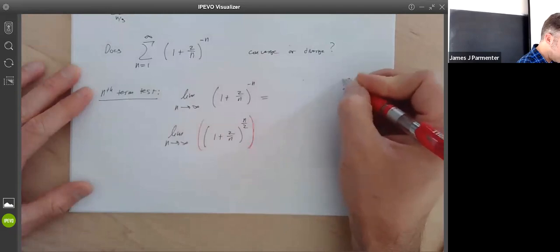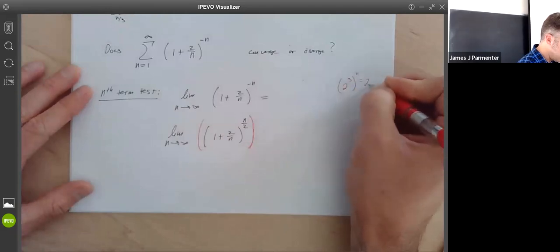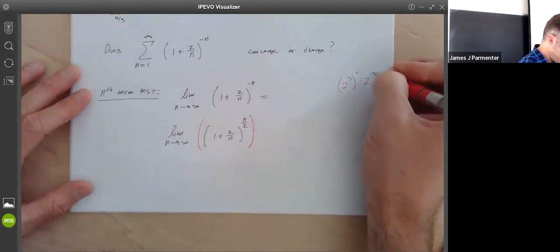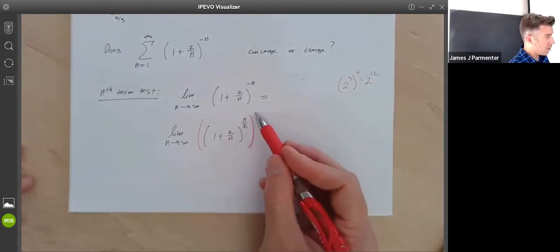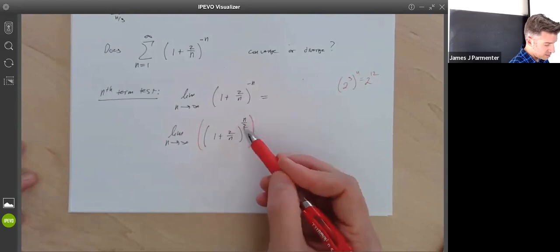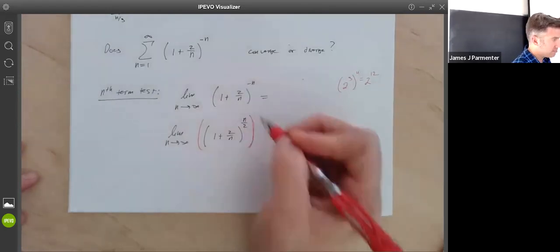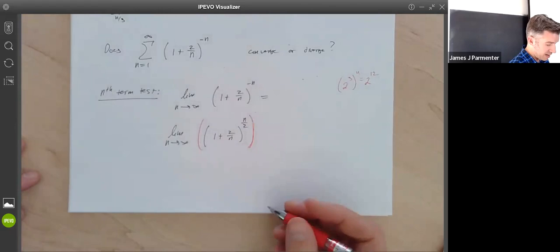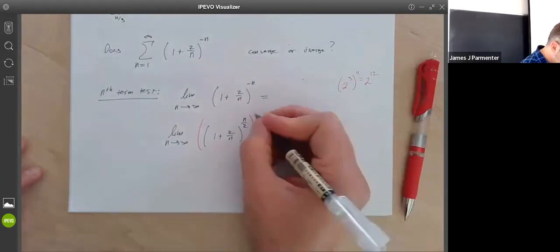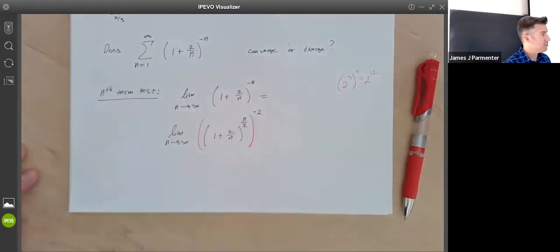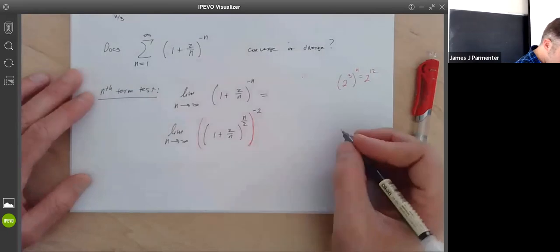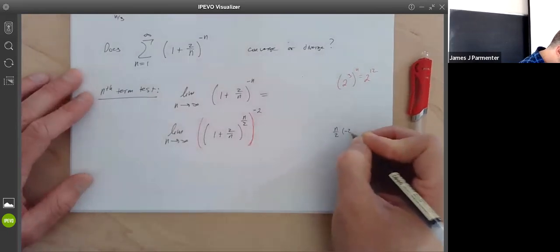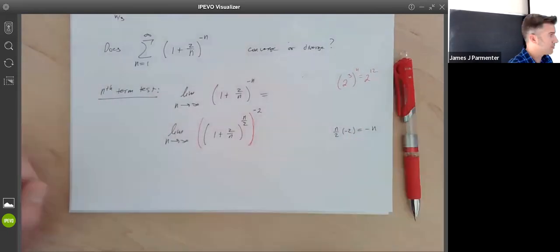Like 2 to the 3rd to the 4th is 2 to the 12th. Did you multiply the powers? So I need a power to a power so that when I multiply those powers, I get that. So I actually need a power of -2. These are the same because n over 2 times -2 is equal to -n.